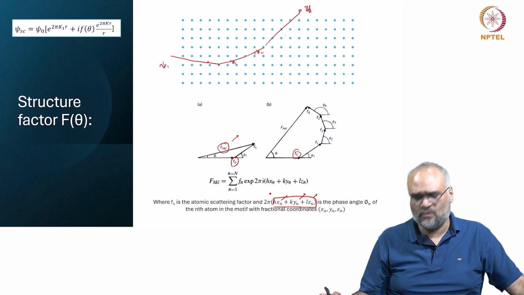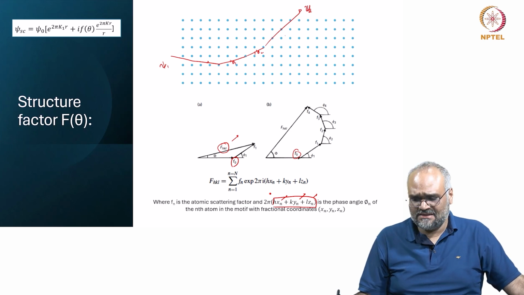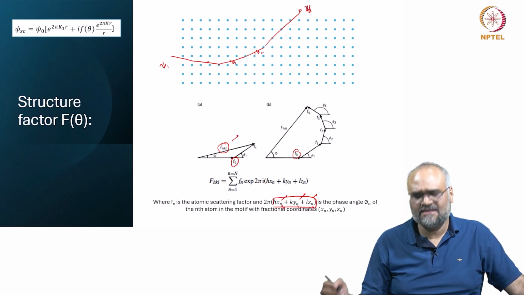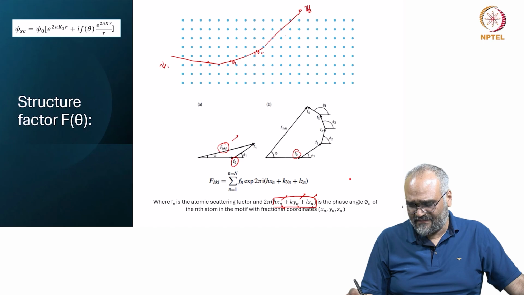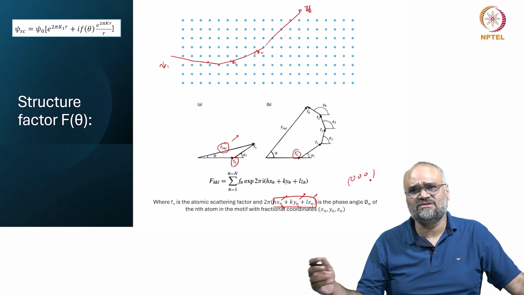This means when I have a periodic arrangement of atoms in a specific fashion, for example, a cube, let us say I have a simple cubic structure, these values of x, y, z in a simple cube have an occupancy of 0, 0, 0, or 1, 1, 1, or 1, 0, 0 and so on.